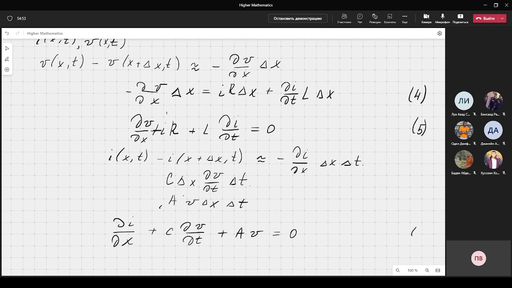Formula 6. Equations 5 and 6 are generally called telegraph equations.